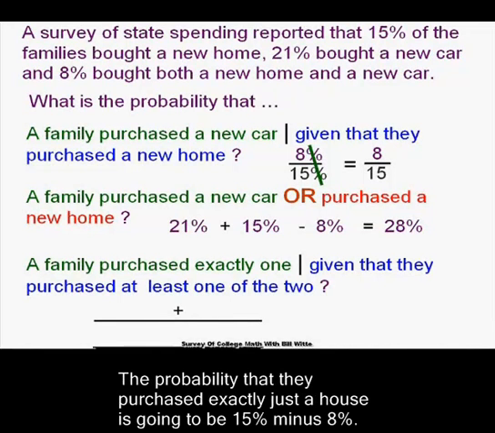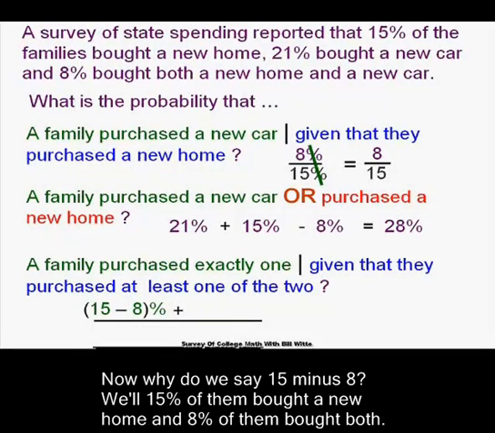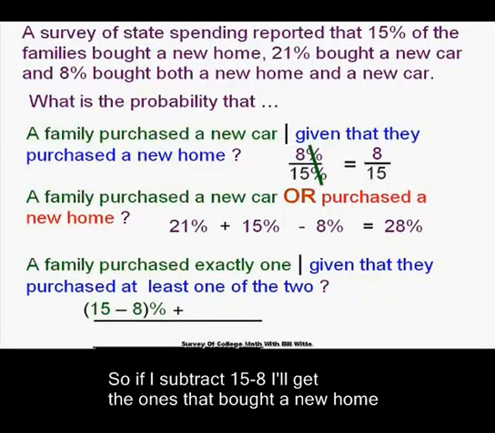The probability that they purchased exactly just a house is going to be 15 minus 8. Now, why do I say 15 minus 8? Well, 15% of them bought a new home. 8% of them bought both. So if I subtract 15 minus 8, I'll get the ones that bought a new home but didn't buy both.